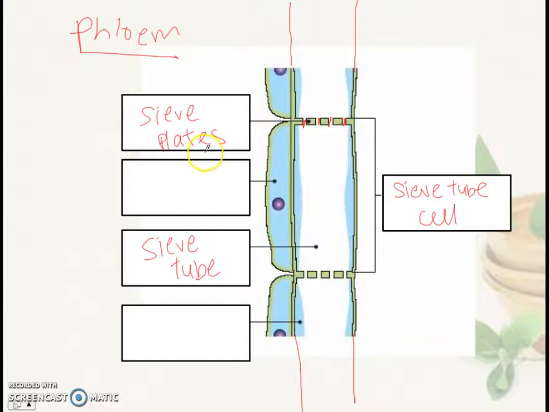Finally, this cell here, the one that's next to the sieve tube cell, is called the companion cell. So phloem vessels are made out of sieve tube cells connected to form sieve tubes, and companion cells. Got it? Let's move on then.